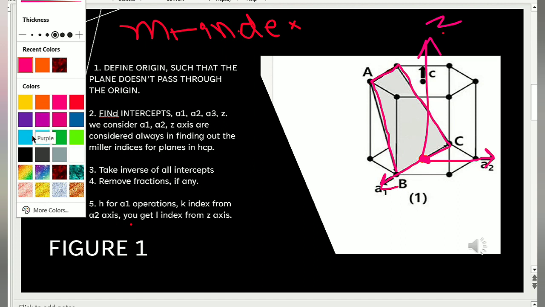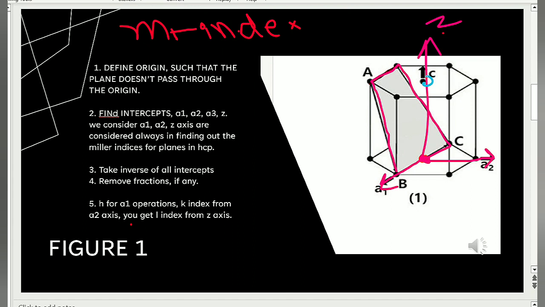For that purpose, I'm choosing this point at the roof, this center point just above the previous origin. This cross one is the previous origin, and I am choosing this centermost point at the roof plane of this HCP as the new origin.